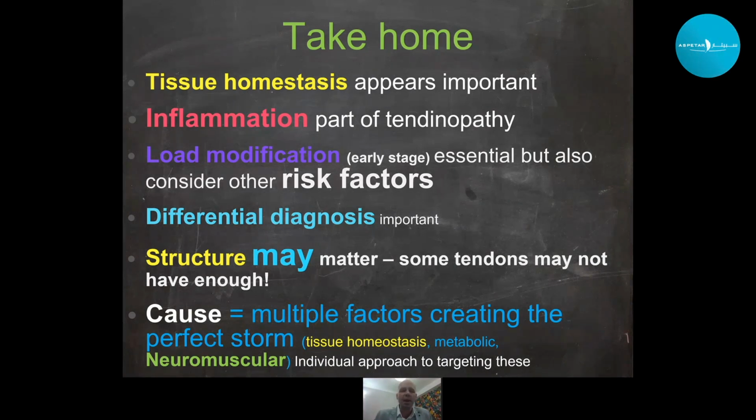Please don't throw the baby out with the bathwater about tendon structure. It has a large relevance, but we've probably not asked the depth of questions we should have asked before. And when we're looking at structure, really consider differential diagnoses, particularly in the presence of sudden onset of pain during an activity for a person, or where it started very quickly afterwards.